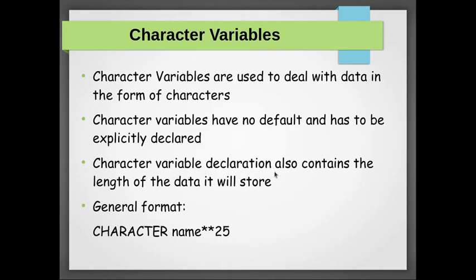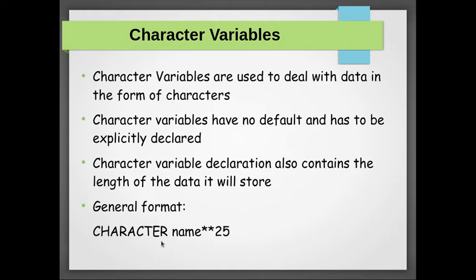Character variable declaration also contains the length of the data it will store. So the general format is character name star star 25. Name is the variable name, and star star 25 simply means the maximum length of the name that it will store can be 25 characters, 25 alphabets, not more than that. If it is more than that, only 25 alphabets will be stored and the others will be lost.